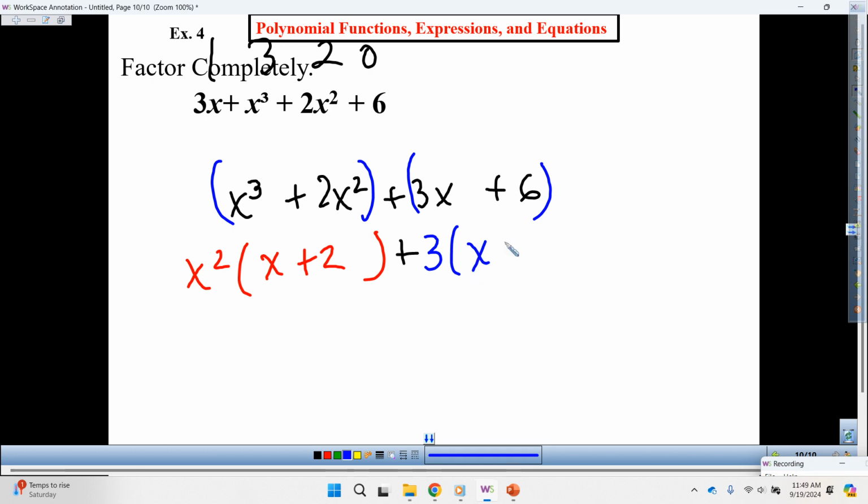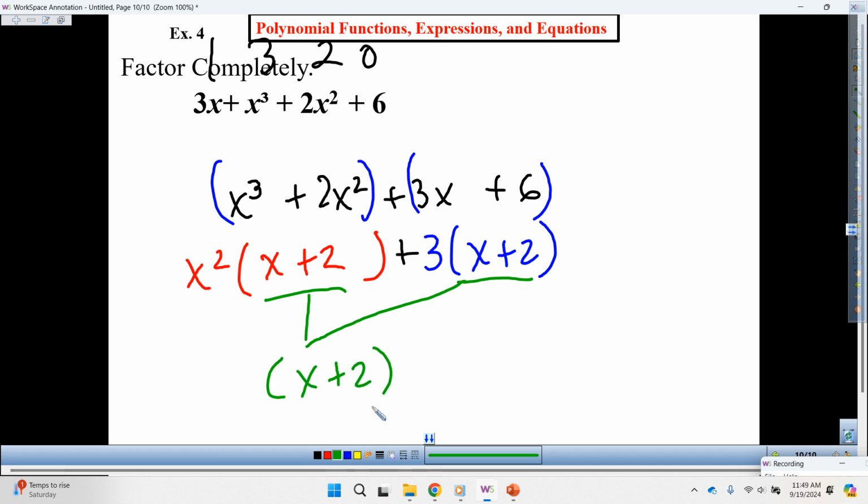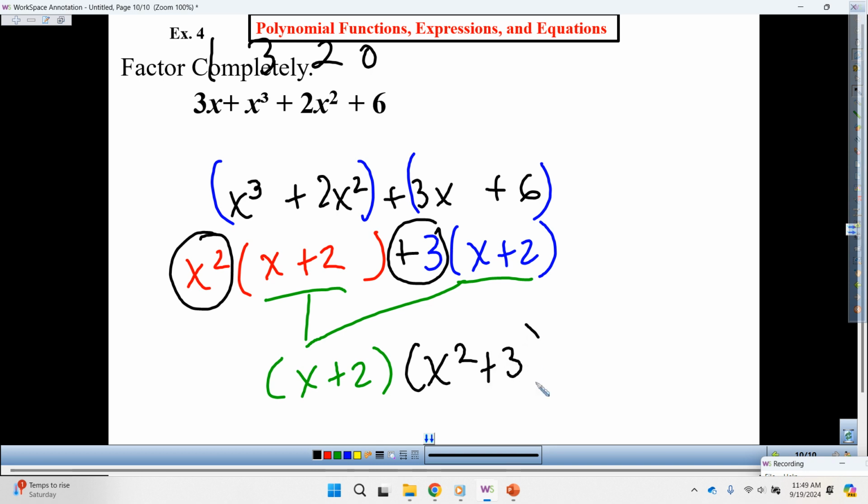That leaves us with x plus 2. What do you guys see that is the same here and here? X plus 2, that's my first factor, x plus 2. What's left over on the first one? The x squared. How about on the second one? Plus 3, that's going to be my second factor. And we are done.